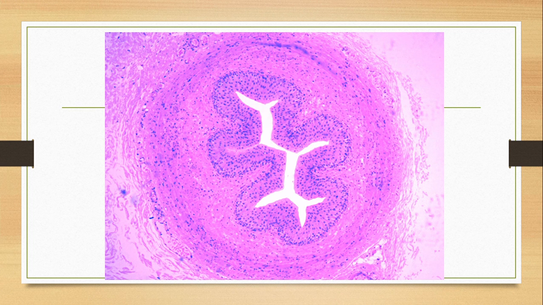The innermost layer is cuboidal or low columnar. Above that, pear-shaped or polygonal cells, 2 to 4 layers. And outermost there are umbrella-shaped cells. This type of epithelium can be seen near the lumen.